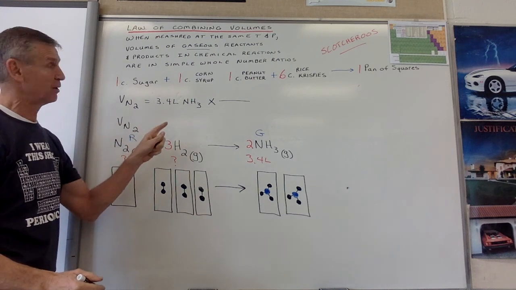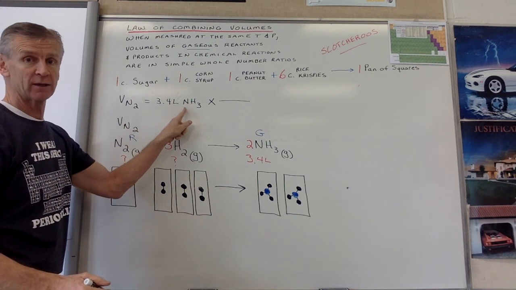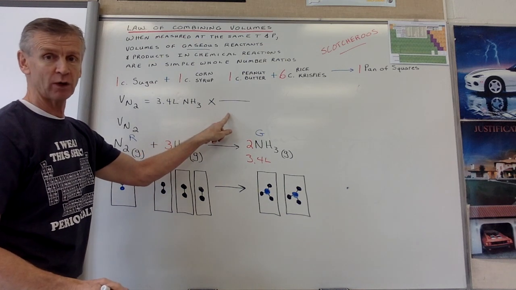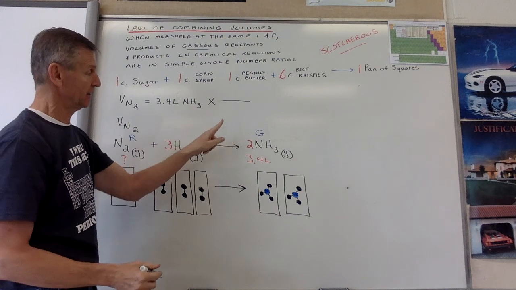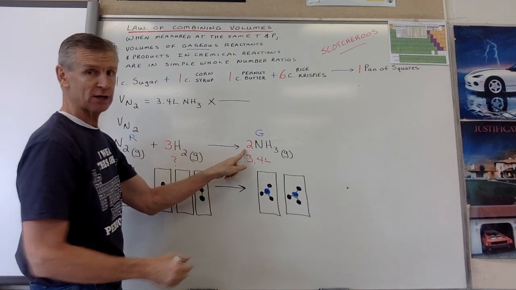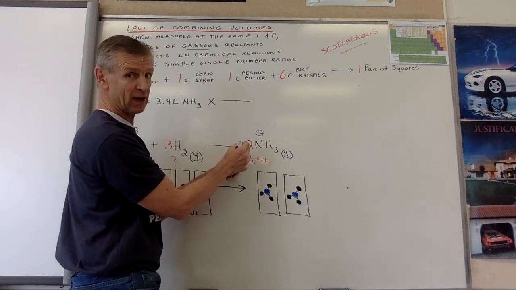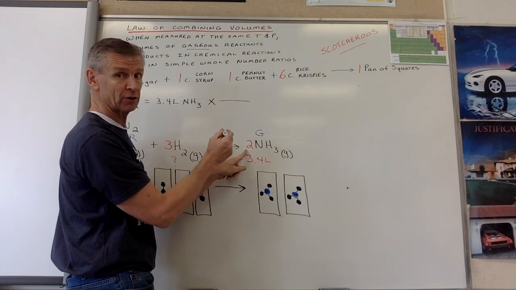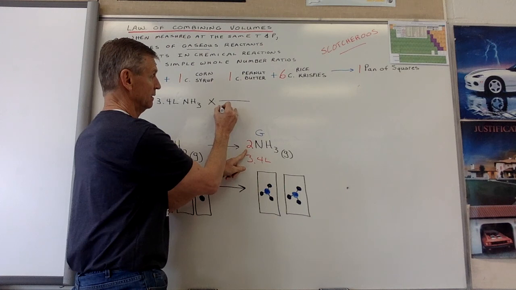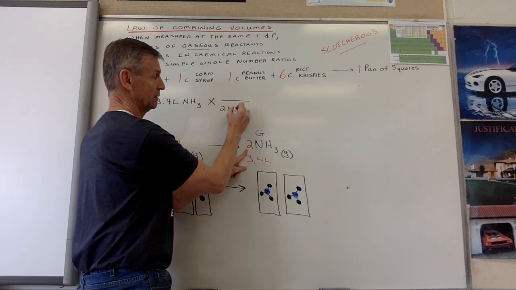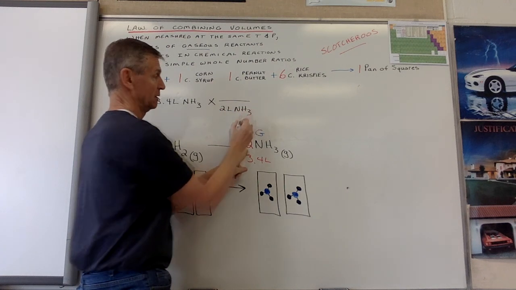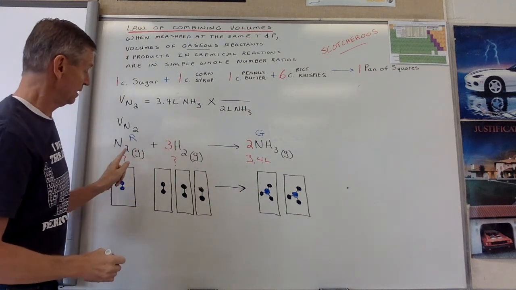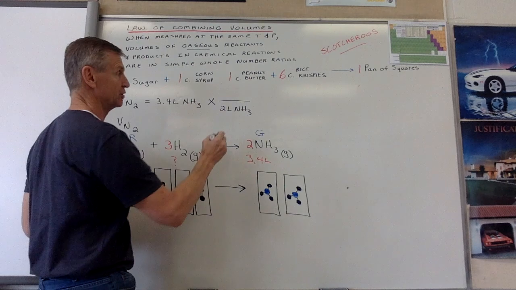Now, if you remember from our previous studies, if I start with liters of ammonia, then that will have to go on the bottom so that I can cancel it. So I go to my balanced equation. Remember, these values always mean moles, but in our case, because they're gases, I can also refer to them as volumes. 2 liters of ammonia for every 1 liter of nitrogen.